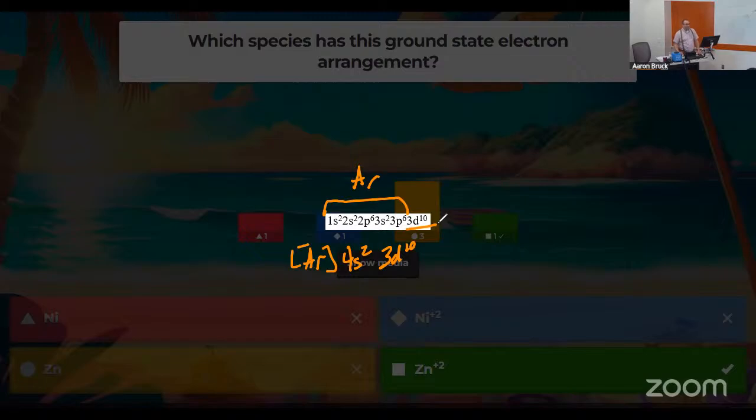I'm missing the 4s2, so zinc can't be right on its own. Now for nickel, the configuration would be argon 4s2 3d8. So that's not correct either.